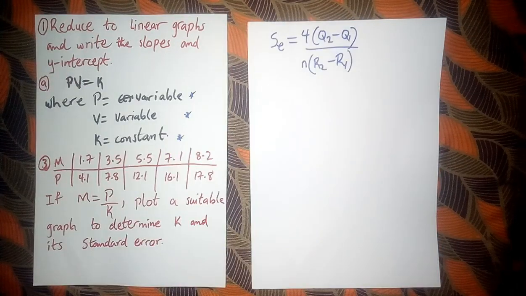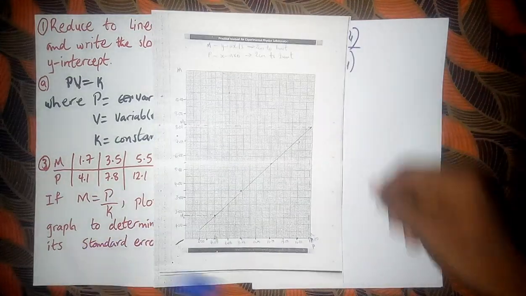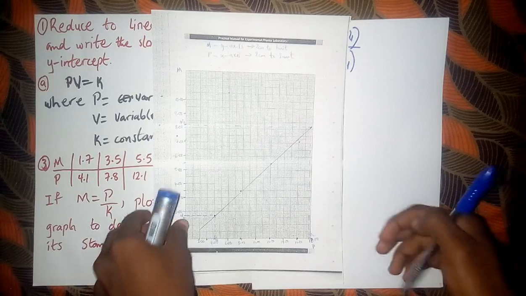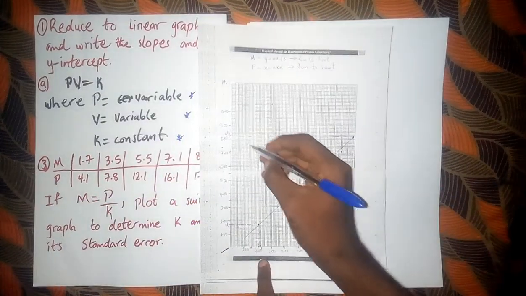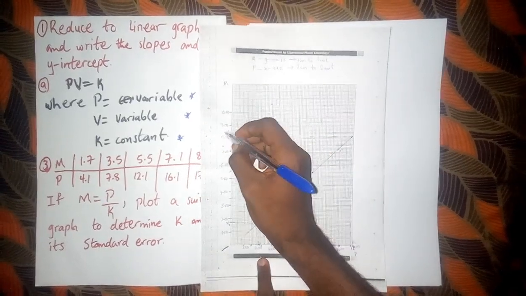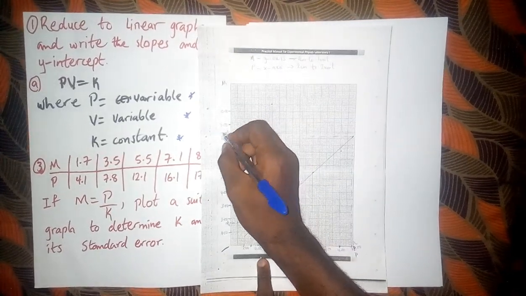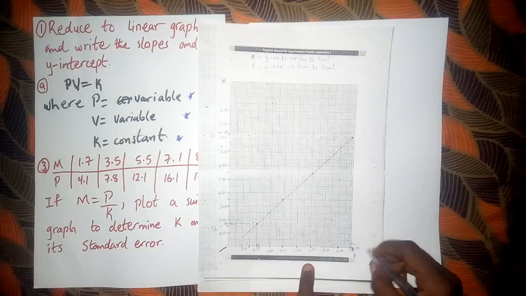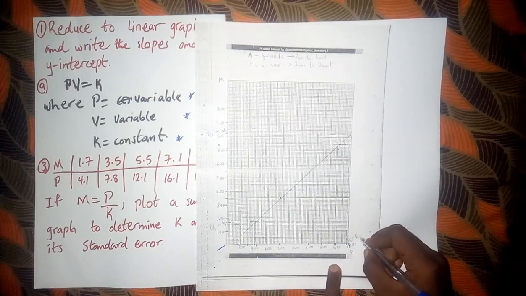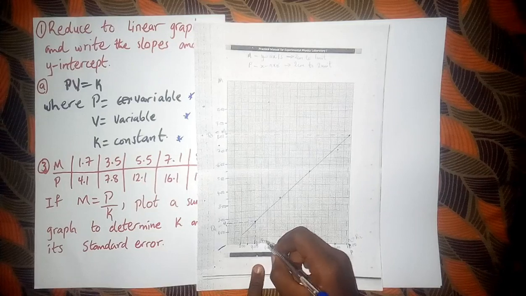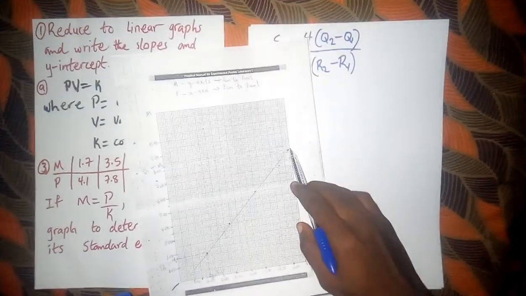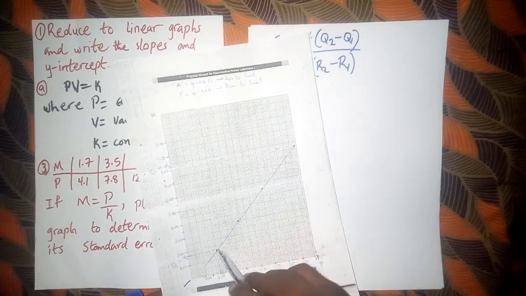Now we have to find our standard error. We'll go back to our equation. For our standard error, Q2 is our M2, Q1 is our M1, R2 is our P2, and R1 is our P1. Don't write this on your graph work; I'm just writing them out. N is your number of points: 1, 2, 3, 4, 5.